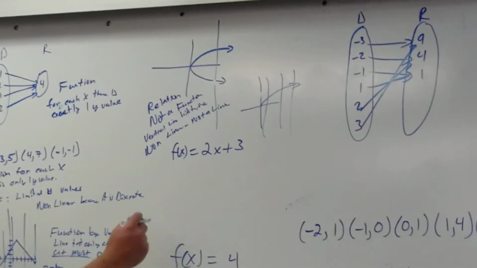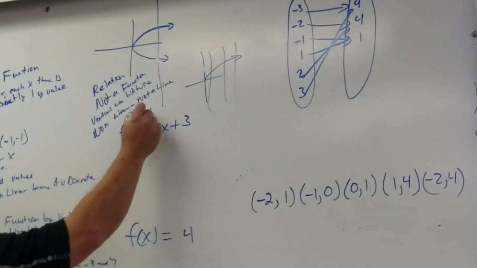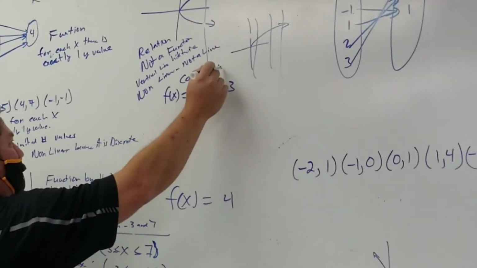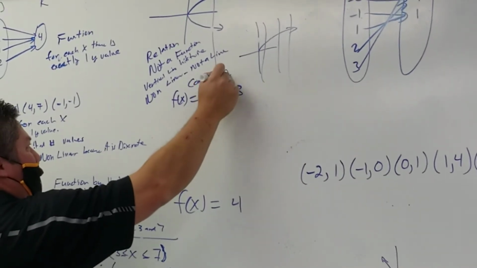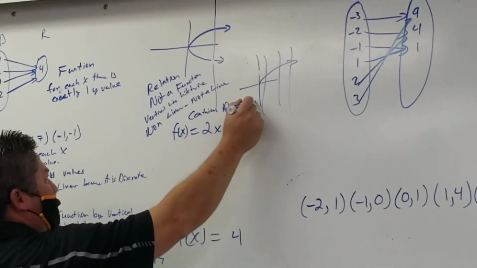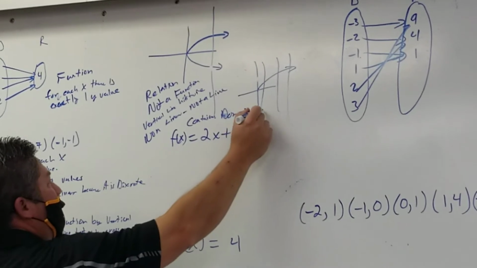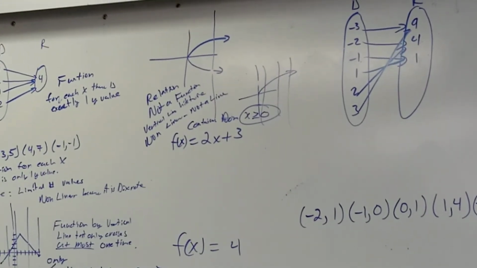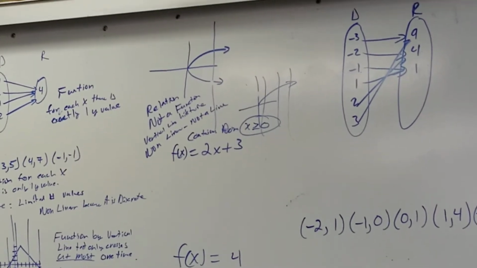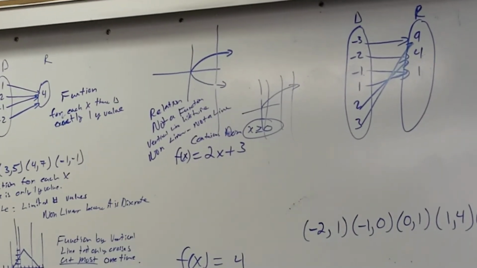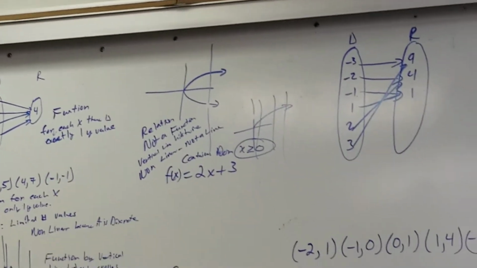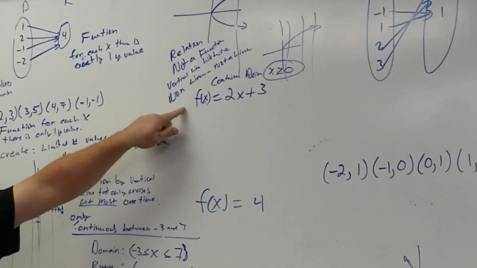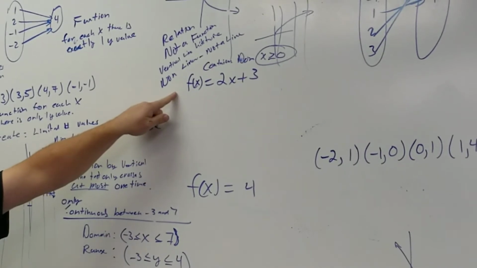As long as the domain is above 0. So continuous for x, domain x has to be greater than or equal to 0, okay? The range is actually all y's, because as you go further out, you're going to go further up and further down.